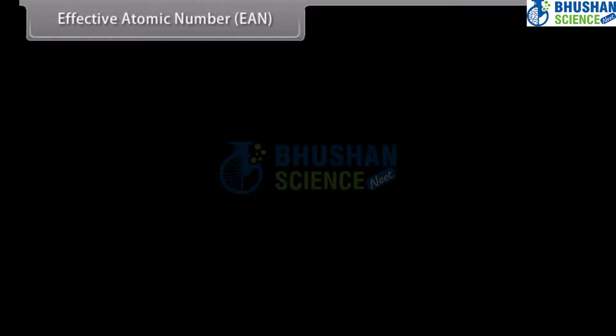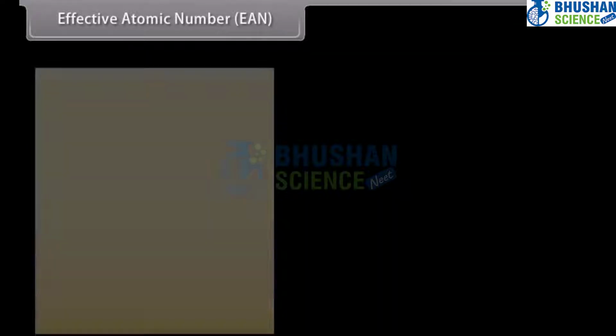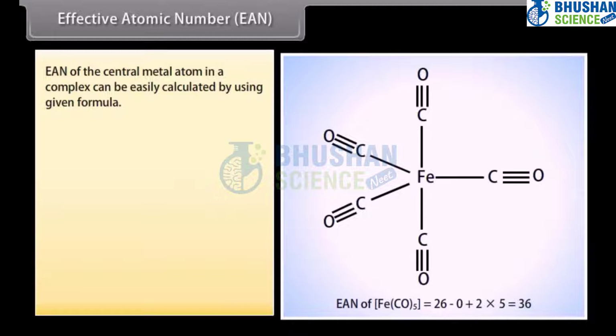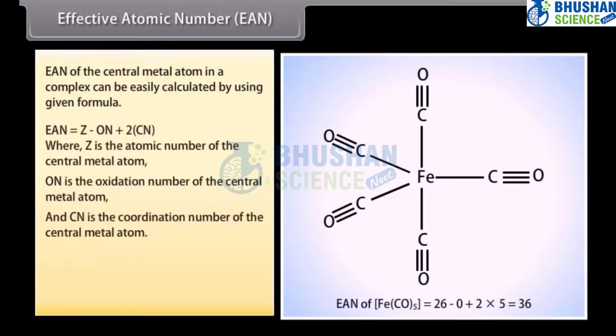Effective atomic number, EAN. The effective atomic number of the central metal atom in a complex can be easily calculated using the given formula. EAN is equal to Z minus ON plus 2CN, where Z is the atomic number of the central metal atom, ON is the oxidation number of the central metal atom, and CN is the coordination number of the central metal atom.